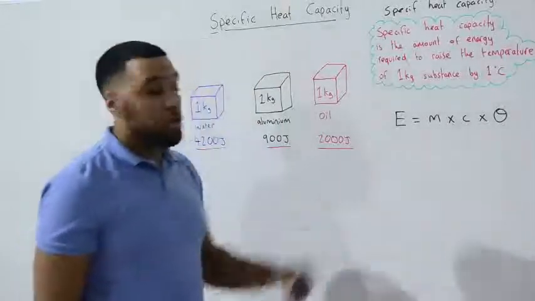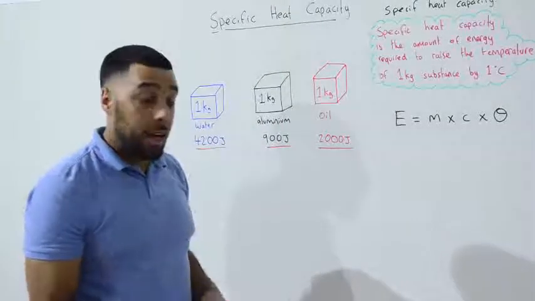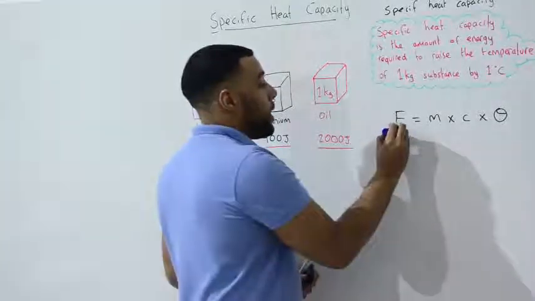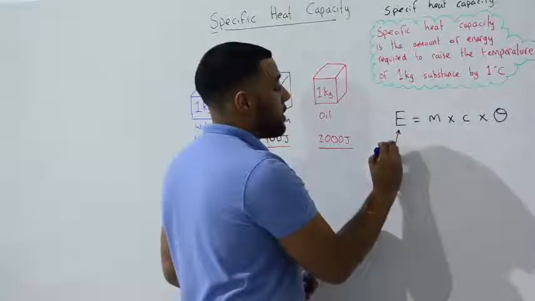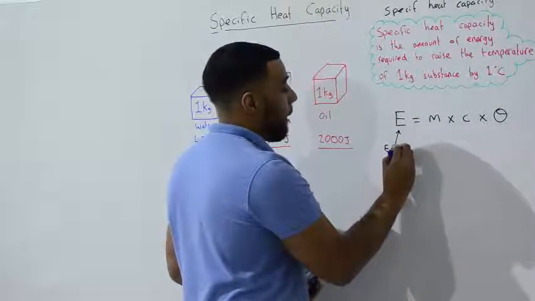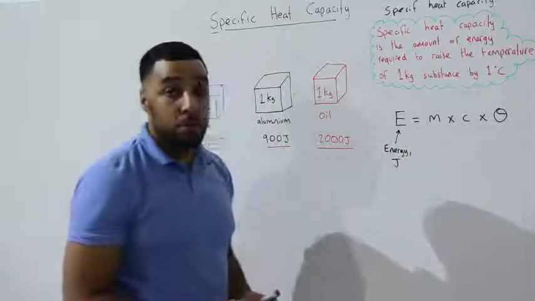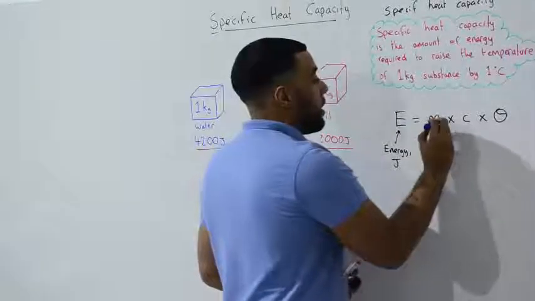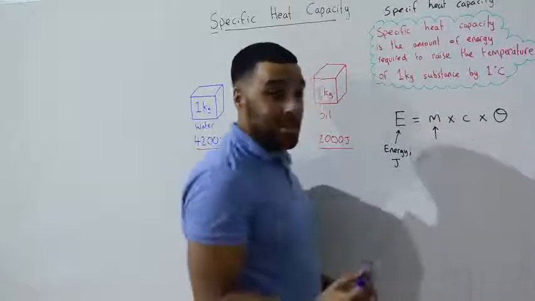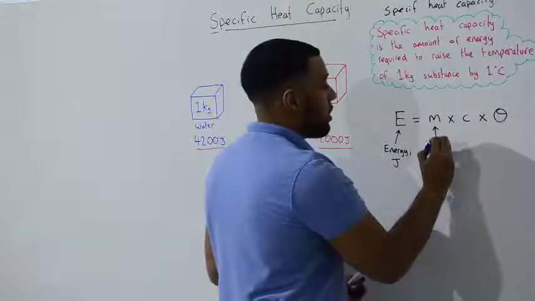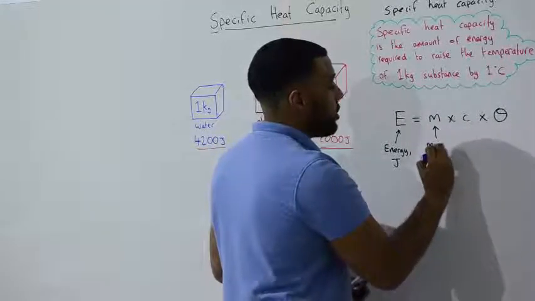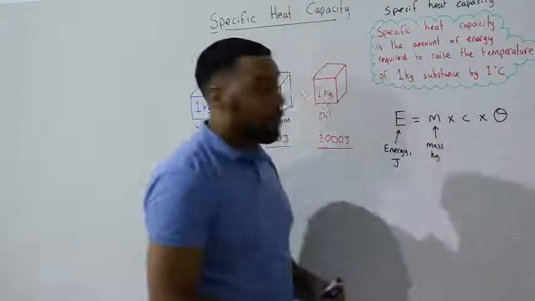will look something like this on your exam sheet, where E stands for energy, and we measure energy in joules. The M stands for the mass of the substance, and this is measured in kilograms.